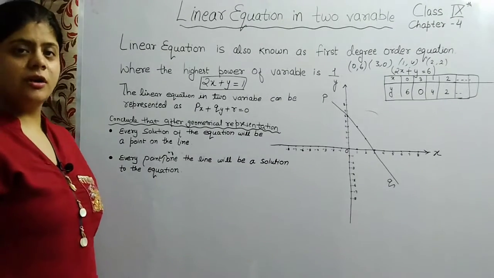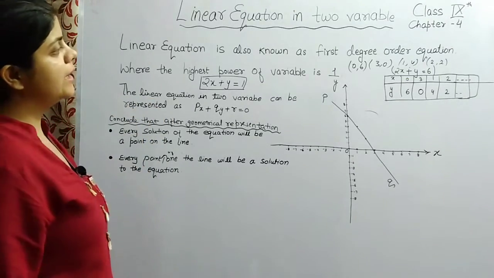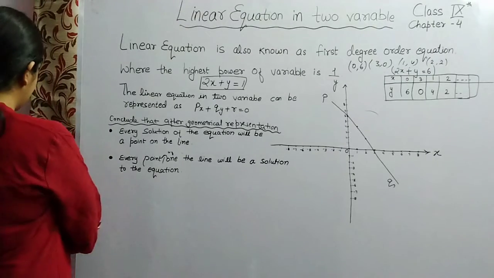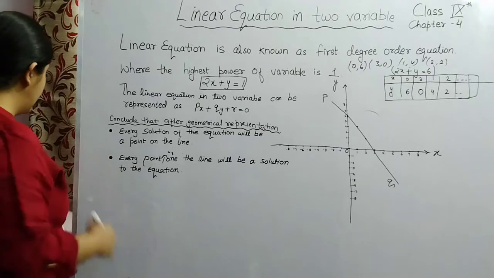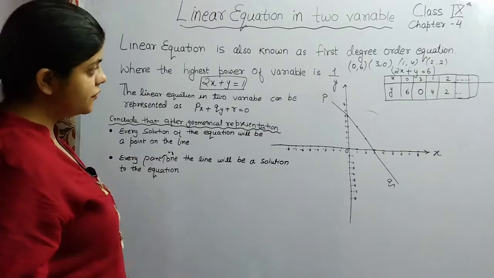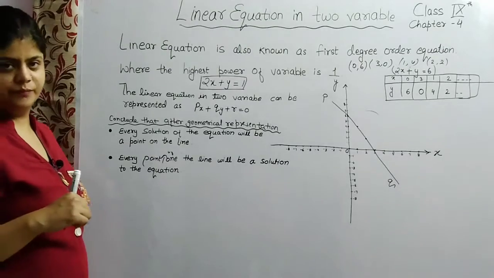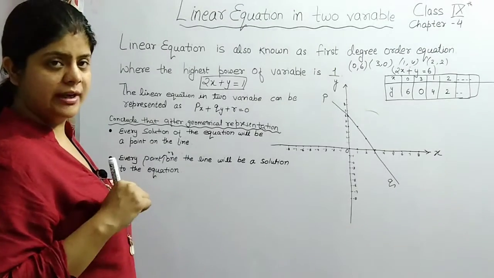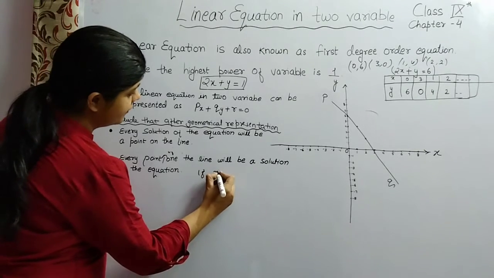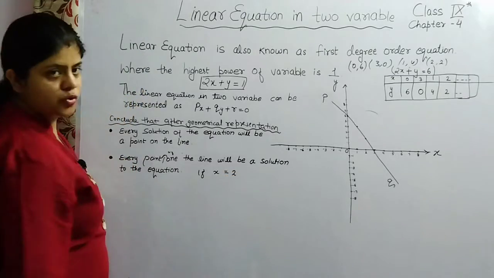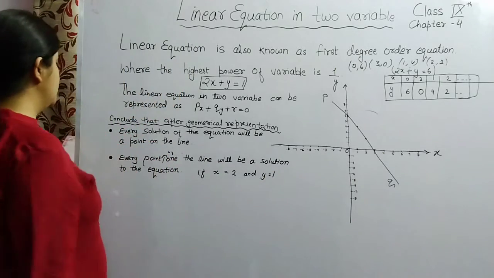Now we are going to solve a problem from exercise 4.2. The question number is 4. The viewers are demanding that we solve this question. The question is: find the value of k, if the value of x is equal to 2 and y is equal to 1.